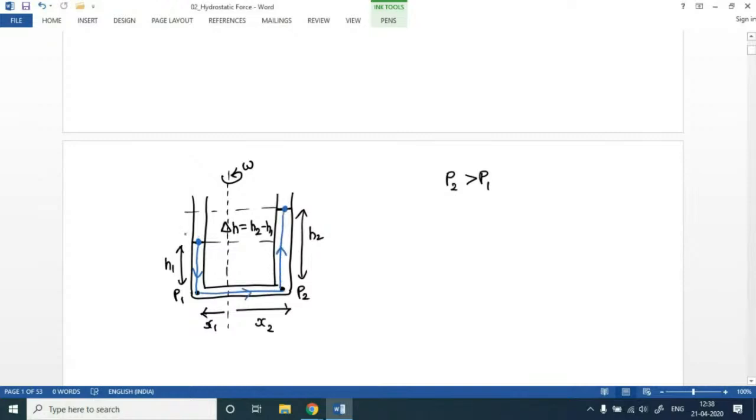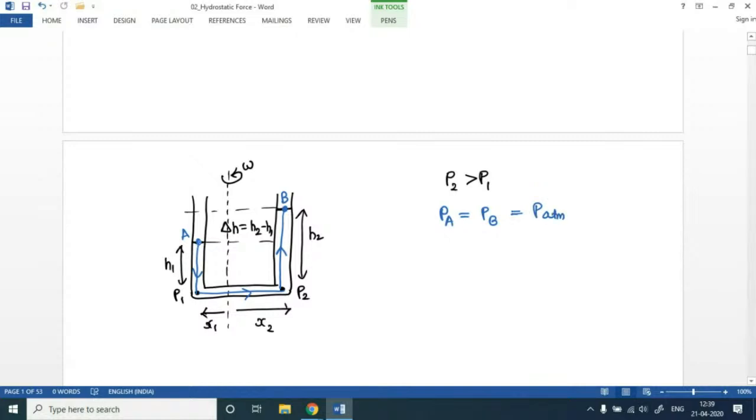Let's say this point is A and this point is B. We must understand that PA is equal to PB. How is that? Because point A as well as point B are exposed to the atmosphere. Wherever the surface is exposed to the atmosphere, its pressure will be the same as atmospheric pressure. So PA is equal to PB.